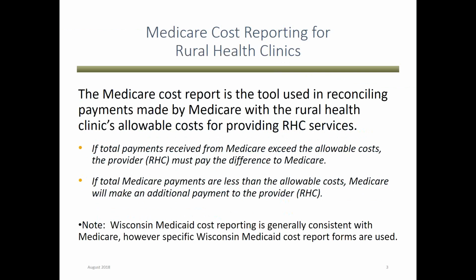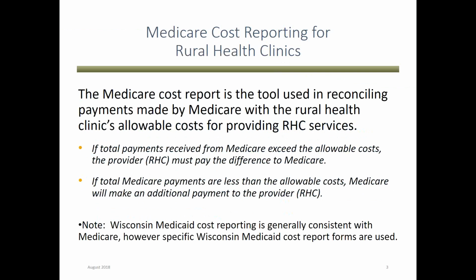If total payments received by the Rural Health Clinic for a cost reporting period from the Medicare program exceeds the allowable costs, the provider or the Rural Health Clinic must repay the difference to Medicare.